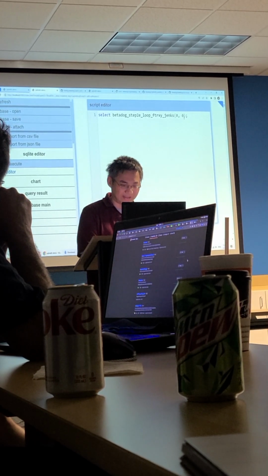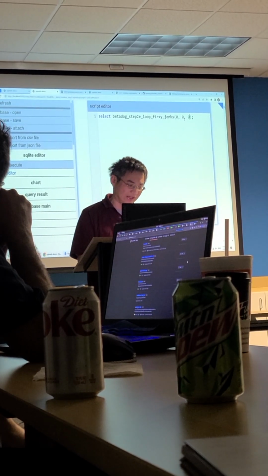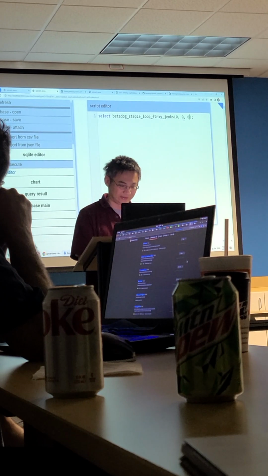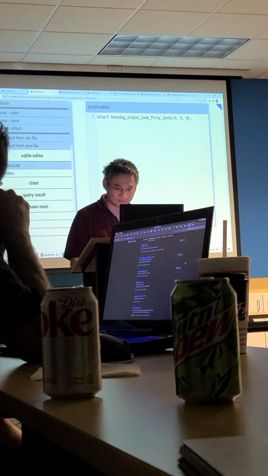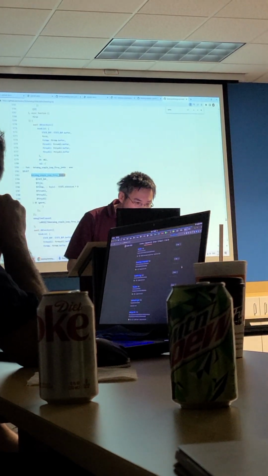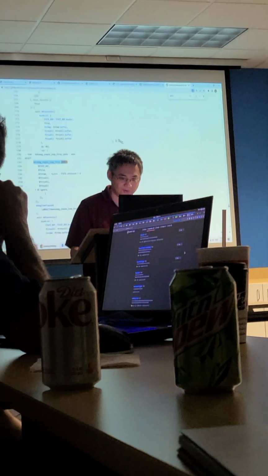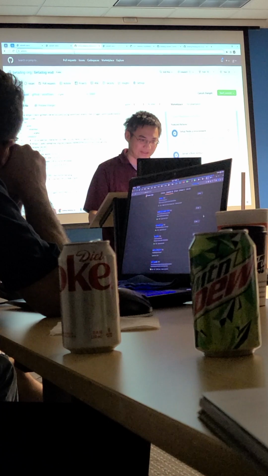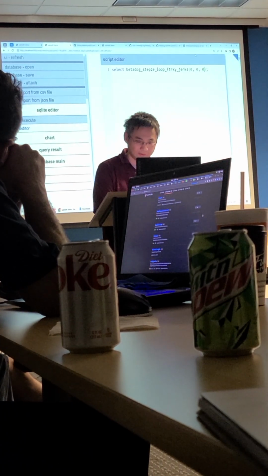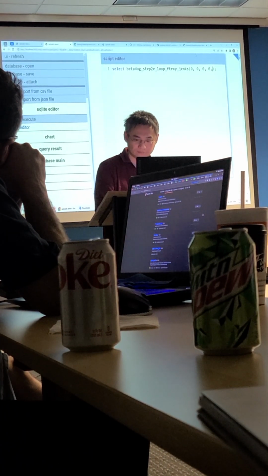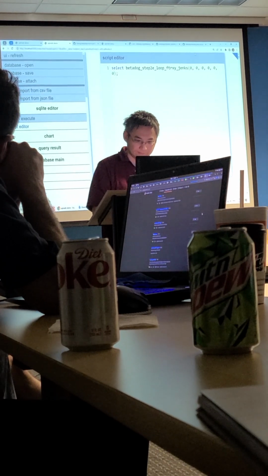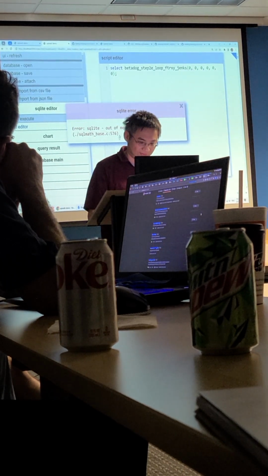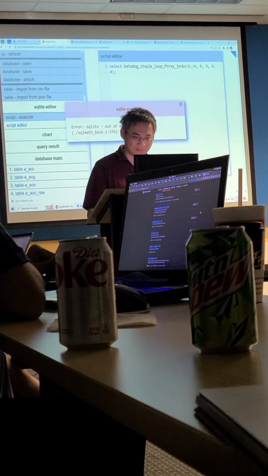I can call the function here, but it's just going to error because the inputs are incorrect. It's supposed to take 1, 2, 3, 4, 5, 6 inputs, so I'll just give it 6 inputs. You can see it try to run the classifier right here. When it runs, it's out of memory because these inputs are incorrect.